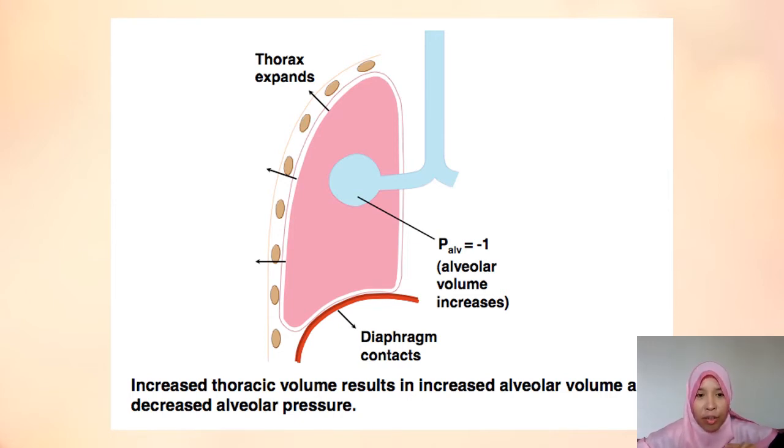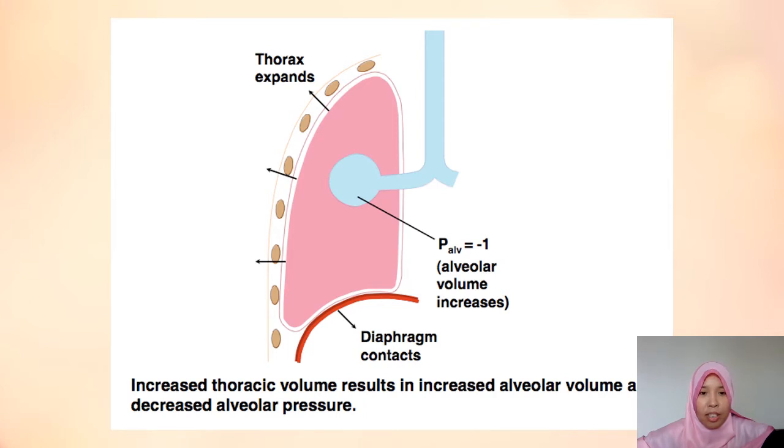First you have the contraction of the muscles. Remember, we've talked about the primary muscles involved in respiration. The diaphragm is the first one, and then you have the external intercostal muscles. So the diaphragm and the external intercostal muscles contract.